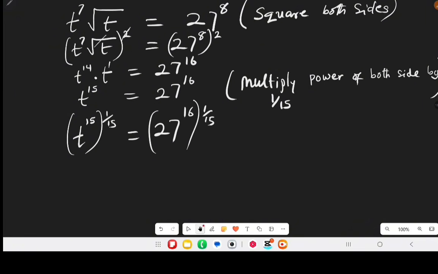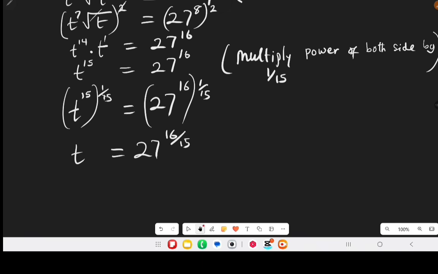When we continue, 15 cancels 15, leaving t raised to the power of 1, which is the same thing as t, equals 27 raised to the power of 16 over 15. Then simplify this further.